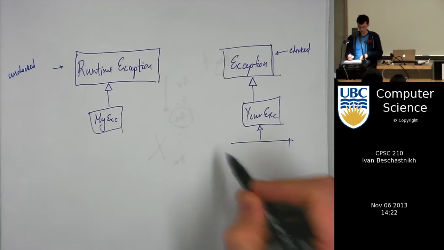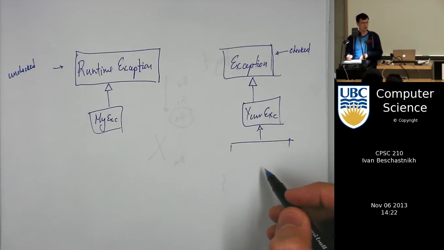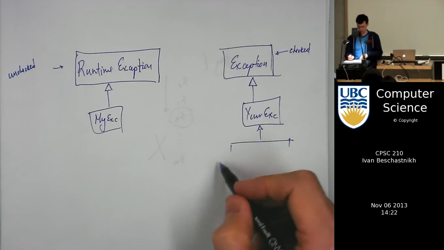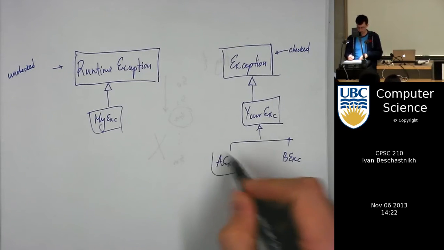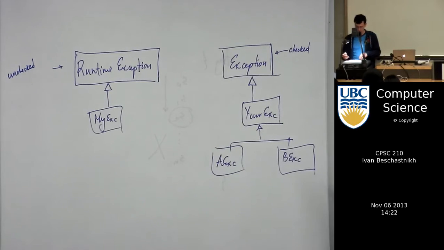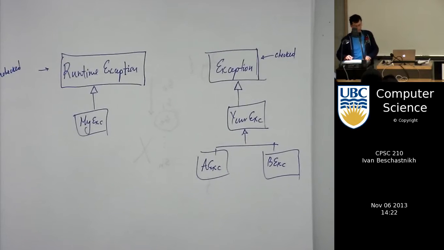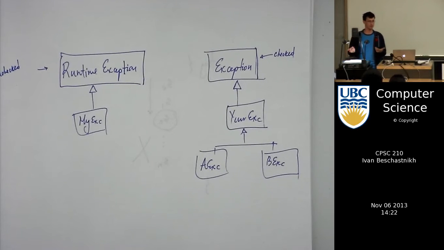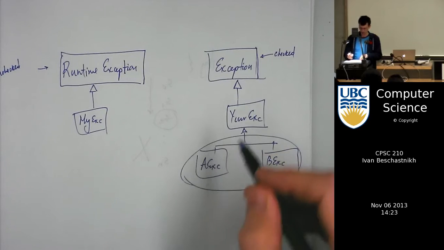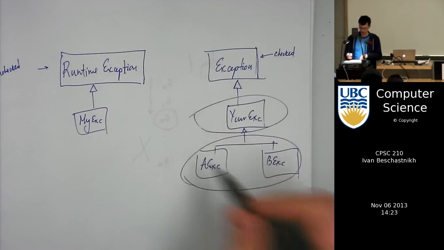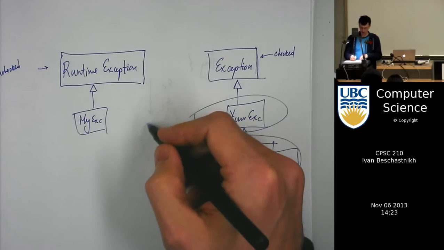I can have more descendants from YourException, so I can have AException and BException. This allows you to reason about errors in your program at different levels of abstraction. So, staying with the car metaphor, you might say this is a car exception.